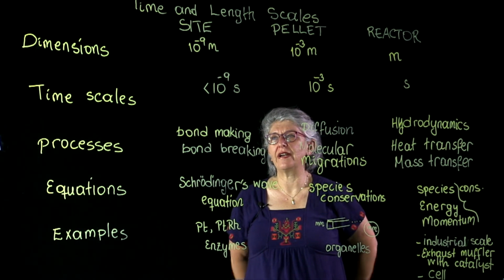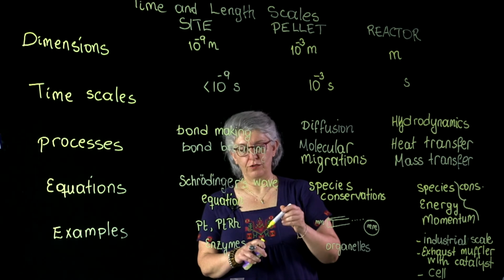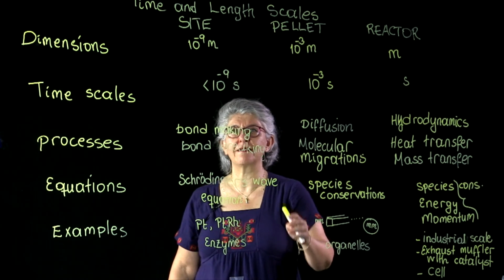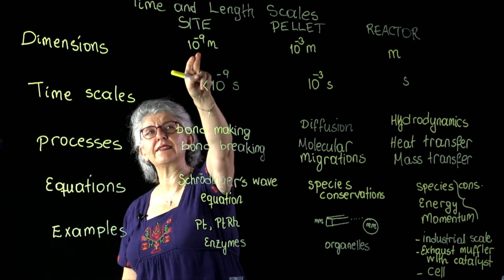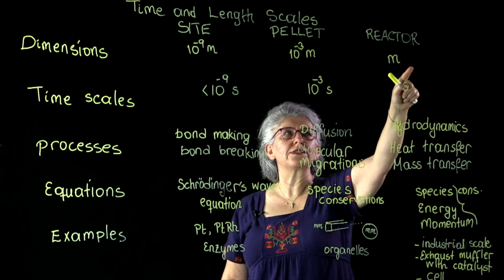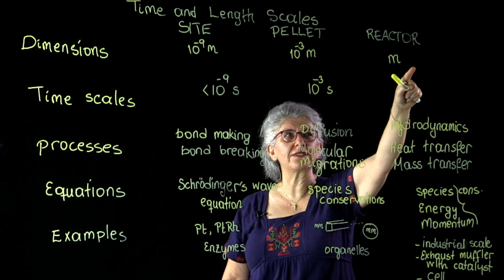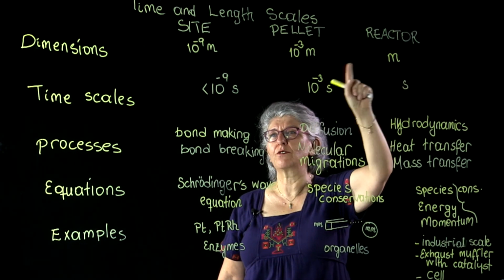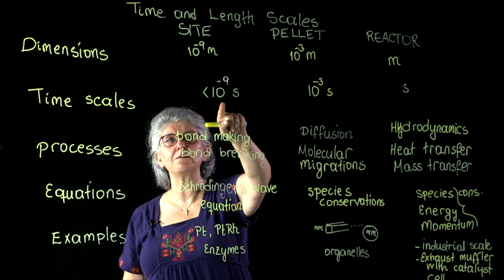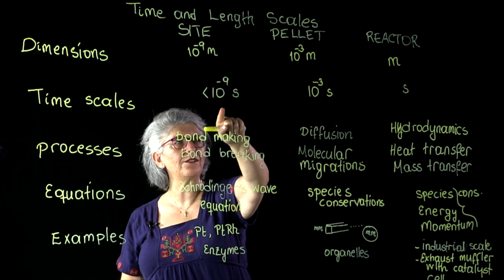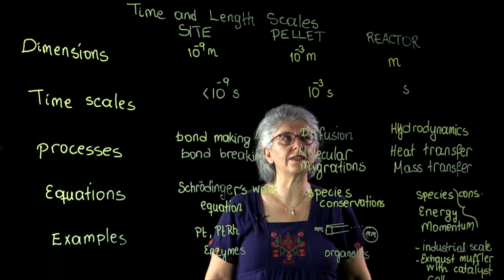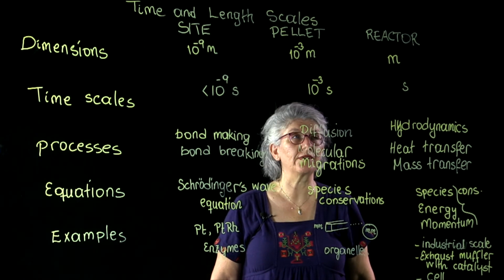So if you summarize, we are going to learn to relate problems that are relevant at nanometer scale to the operations that are going to take place in meter scale. We're going to learn to relate events that are taking place at time frames shorter than a nanosecond to the macroscopic events that are taking place on the order of seconds.